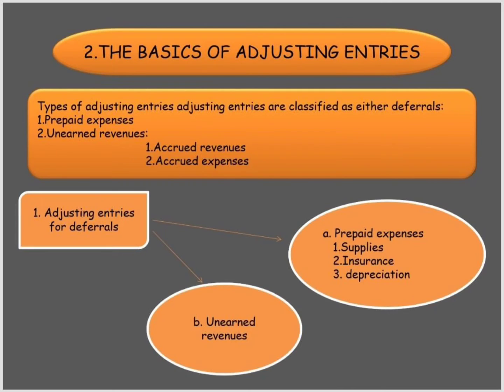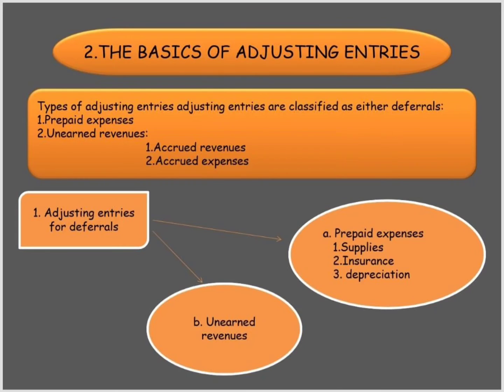When expenses are prepaid, an asset account is increased to show the service or benefit that the company will receive in the future. Let's look in more detail at some specific types of prepaid expenses. Beginning with supplies. The purchase of supplies such as paper and envelopes results in an increase to an asset account during the accounting period the company uses supplies.